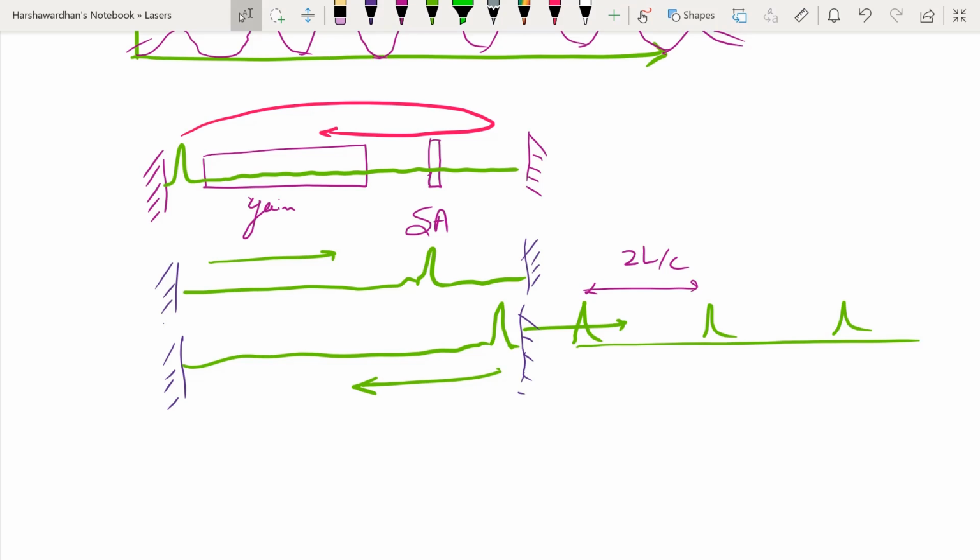This is essentially the mental picture that you can carry for mode locking. And obviously, because we have a short pulse in time, invariably that involves a large number of frequencies contributing to the creation of that short pulse, and that we have seen. Thank you.